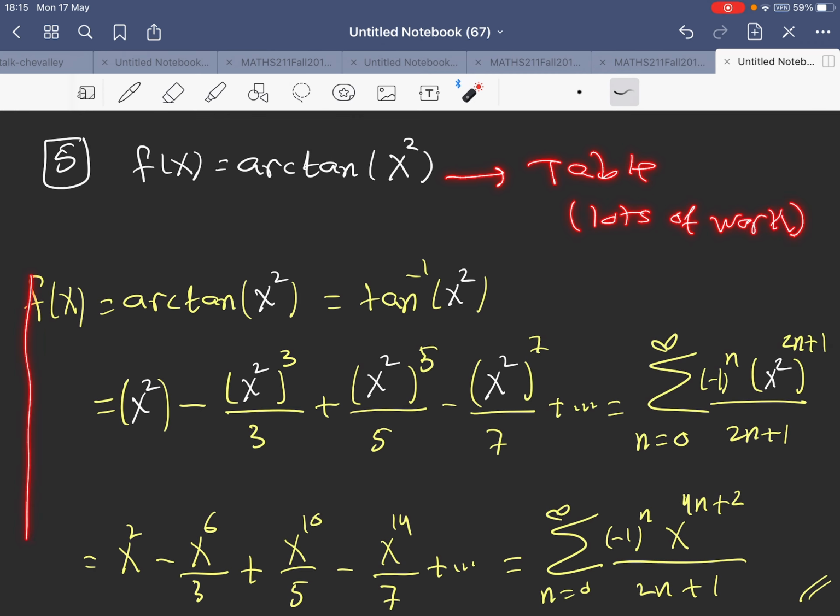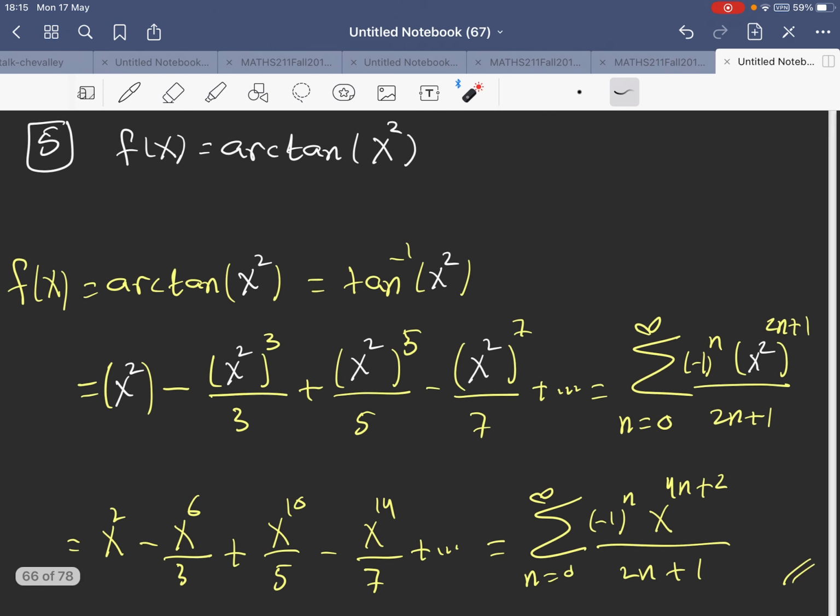Now this method is much easier, because if you know the tan inverse, just replace x with x squared, and you get what you need. Doing it with the table, finding derivatives, will take a lot of time, a lot of work, and finding the pattern might not be as clear as it looks. Just to warn you here.